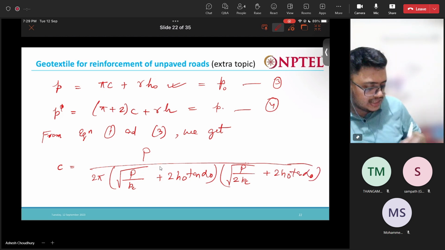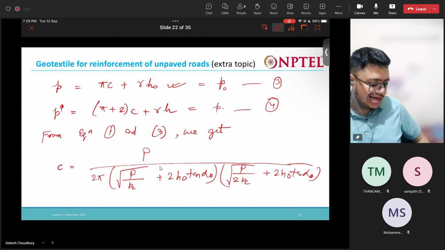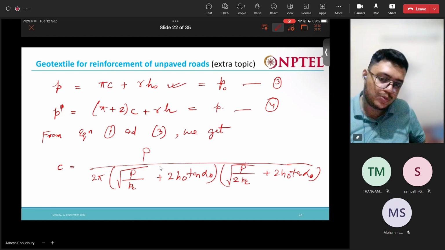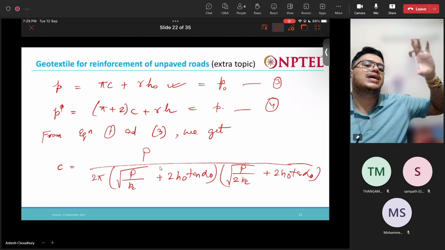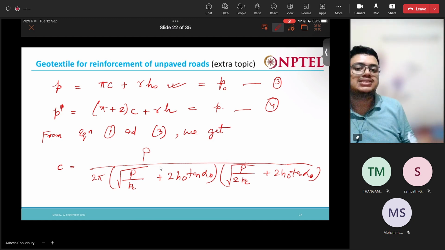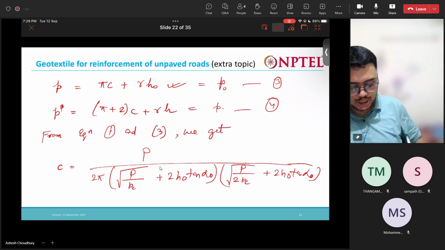So using this expression, if you know the cohesion, P, PC and alpha naught, we can get the height of the aggregate that we need to use. This is the unreinforced case, that is the H naught case.